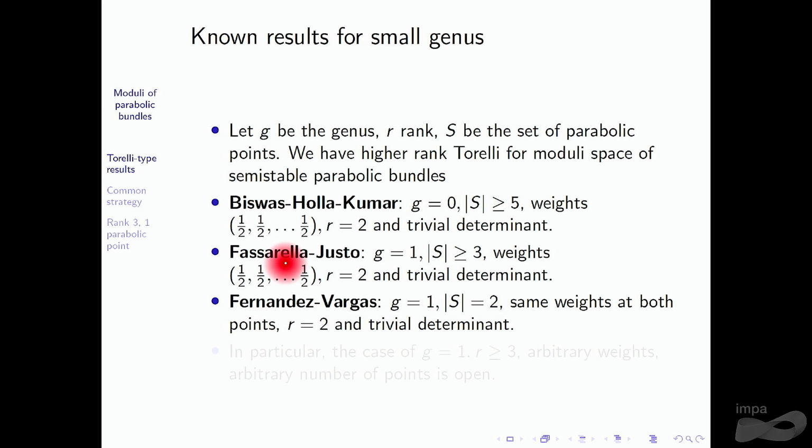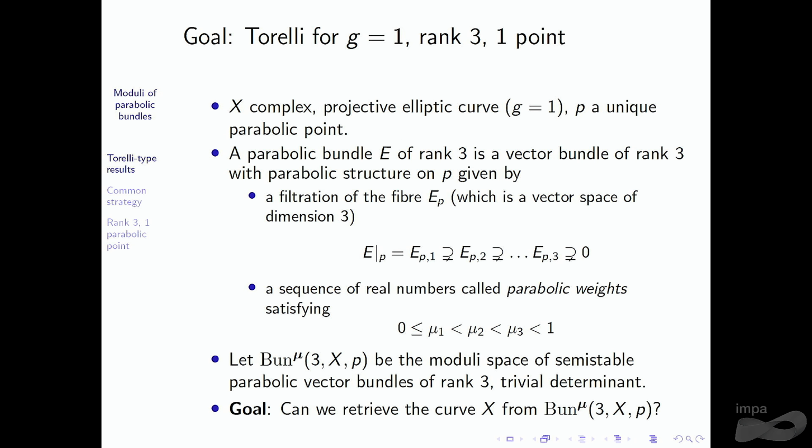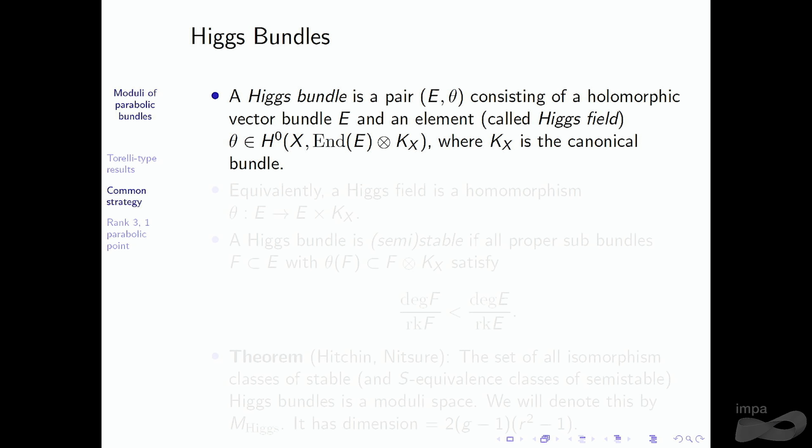So why is it that these results are really limited to rank equals 2? What is the method being used and what is the limitation of the method? So for the next part, I want to talk about what is the method that's being used in these results and why it doesn't work in some form for rank 3, and what else would you do?